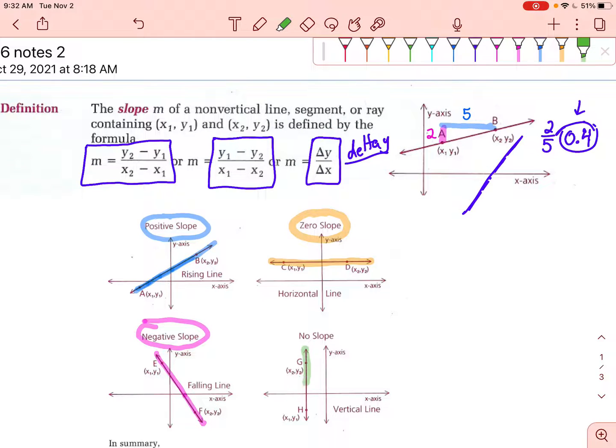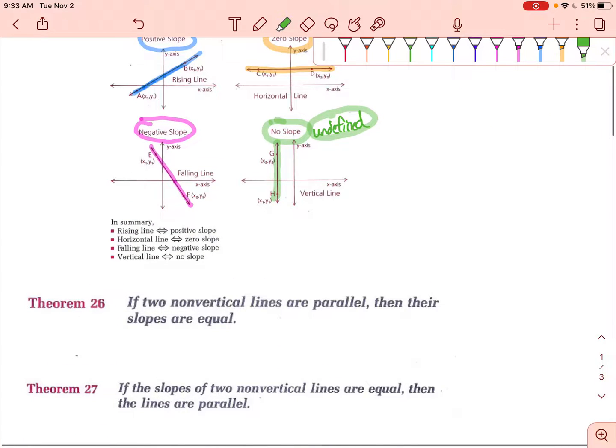And if you are reading it and it goes straight up and down, again, we call that undefined or no slope. I think I said no slope for zero slope. Disregard that. This is just zero slope. So we call the others no slope or undefined. There's no slope to it. It's going straight up and down. So no slope or undefined.